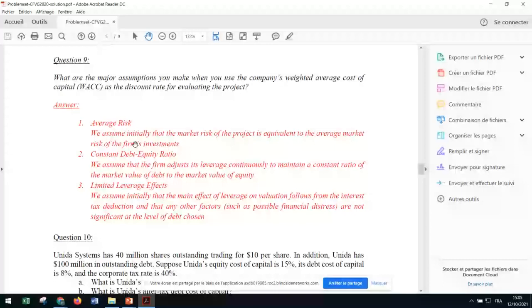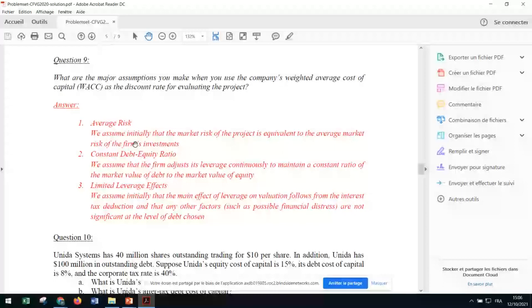However, when you use it, it means that you assume that the market risk of the project is the same as the market risk of the firm. So the beta of your project is equal to the beta of the assets, or the market risk of the asset. That is the first assumption you make. The second assumption is that after taking this project, the debt to equity ratio, or the capital structure, does not change.